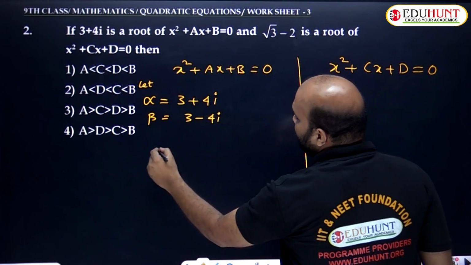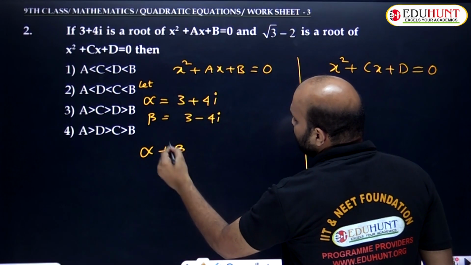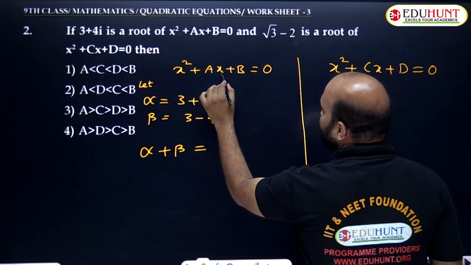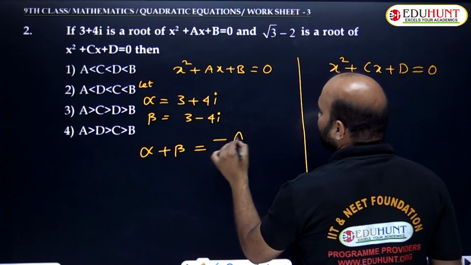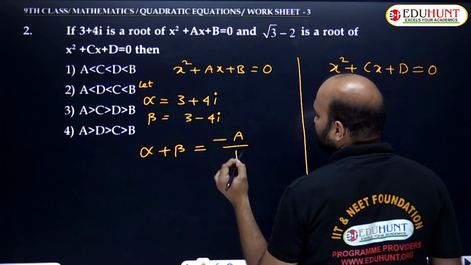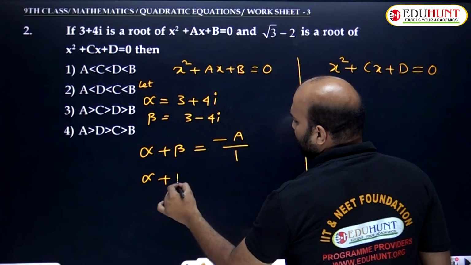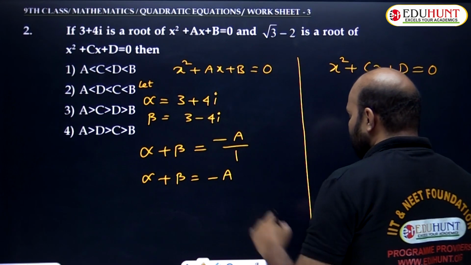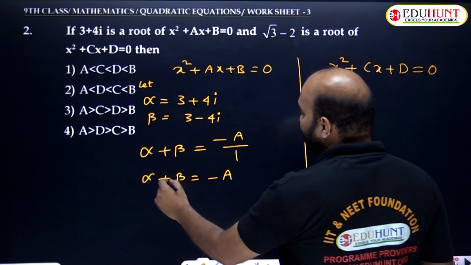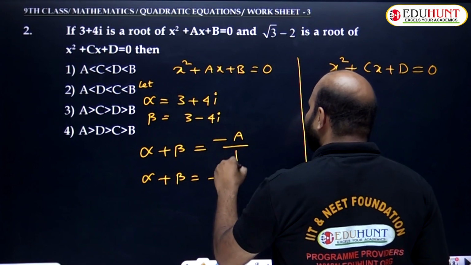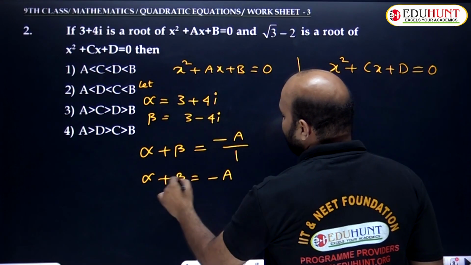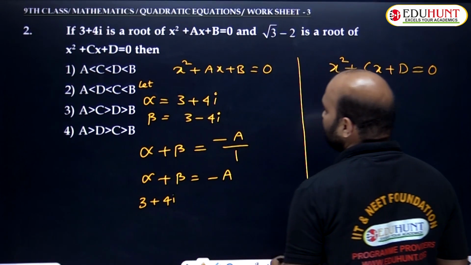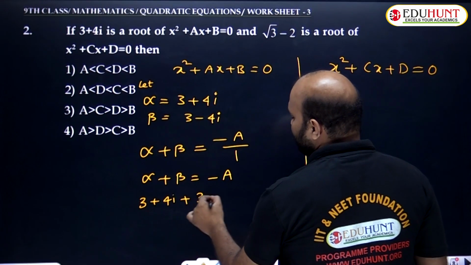So here sum of the roots alpha plus beta, formula minus b by a, nothing but x coefficient, minus a by x square coefficient 1. So alpha plus beta I am getting minus a. Am I clear? So alpha plus beta, alpha value 3 plus 4i, beta value 3 minus 4i.